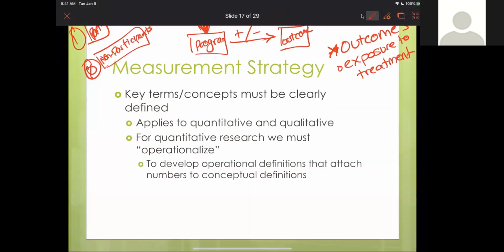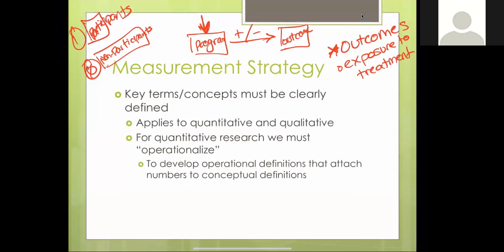And this all becomes important because we're not just talking about measurement from an outcomes perspective. We also measure this exposure to treatment, and we also measure these control variables. Oftentimes they tend to be just demographic characteristics in program evaluation, but they don't always have to be.